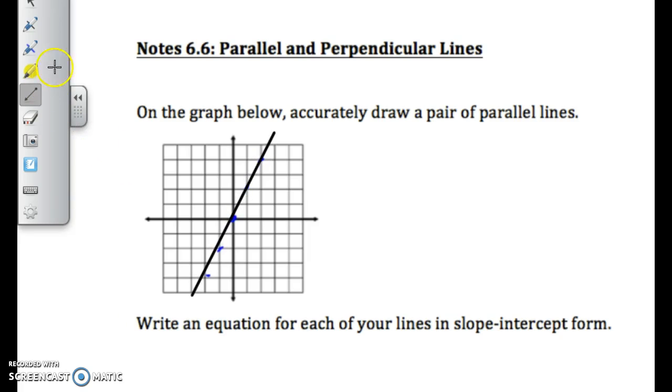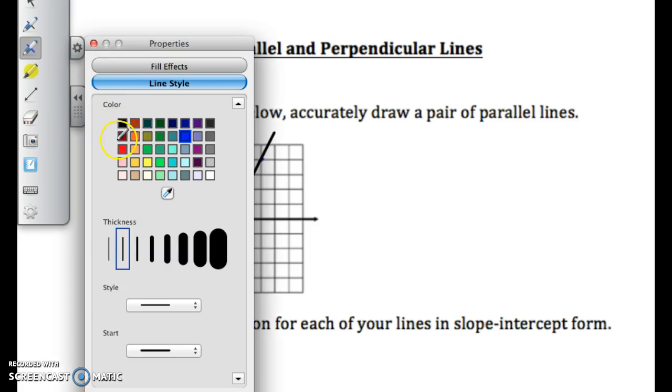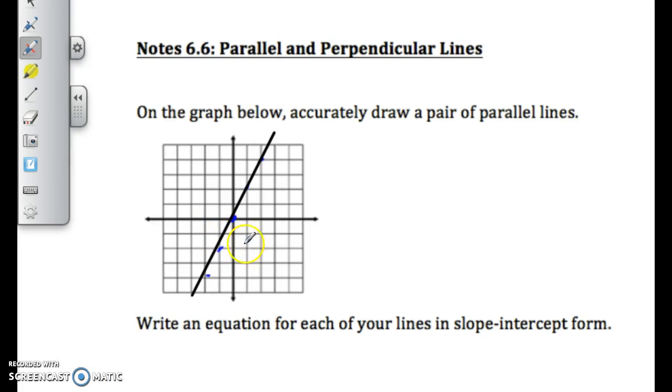Okay, so there's my one line. Then I will change my color and make another. Oops. I wanted to draw that line.